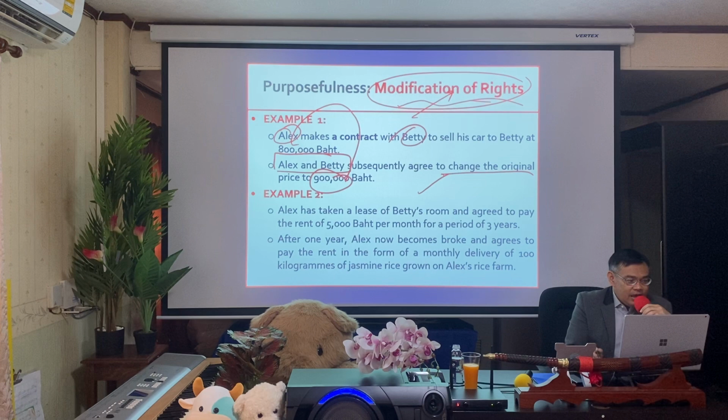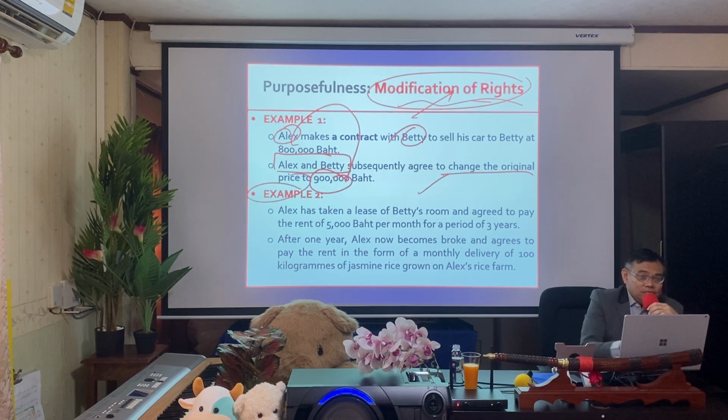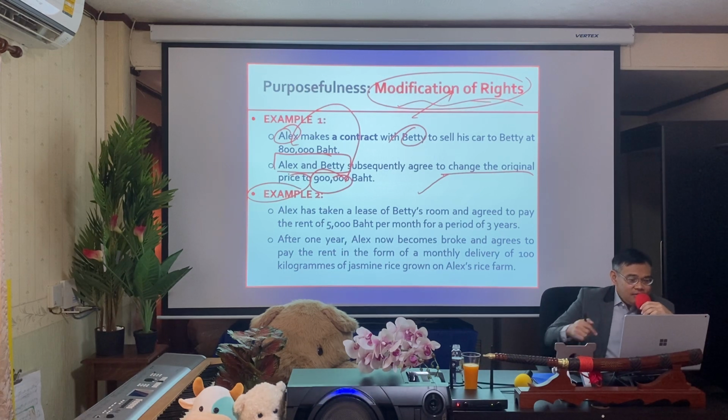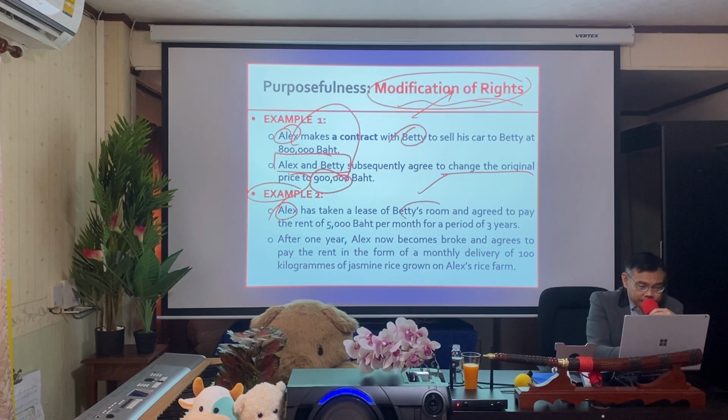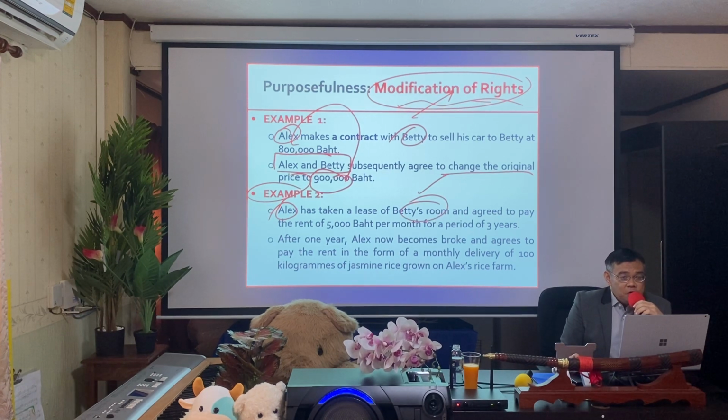Now look at another example of the modification of some rights. Again, Alex and Betty. Alex has taken a lease of Betty's room. Betty has a room and grants a lease of this room to Alex, so Alex is the lessee and Betty is the lessor.